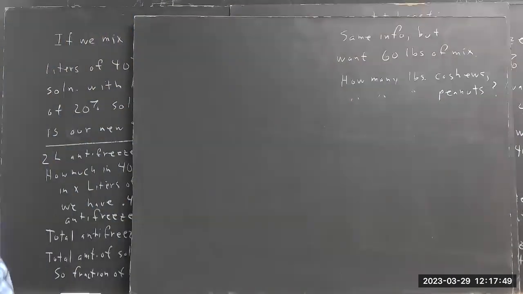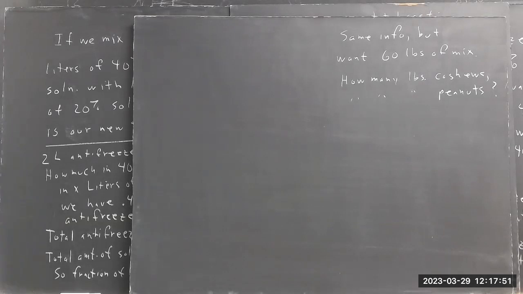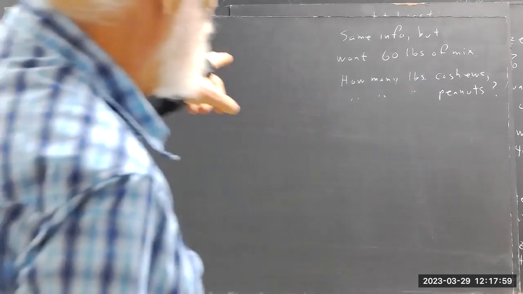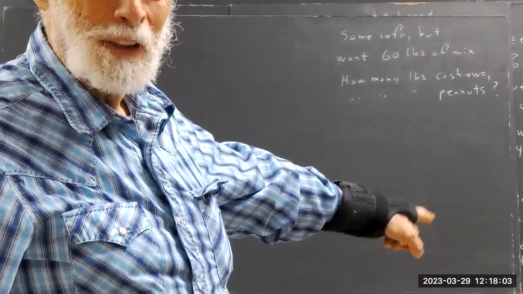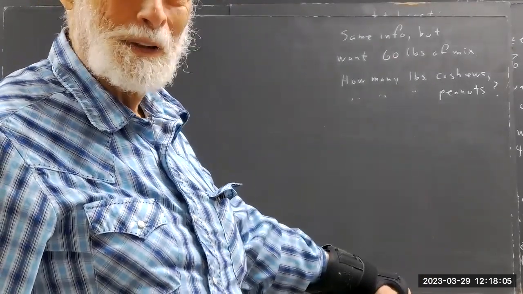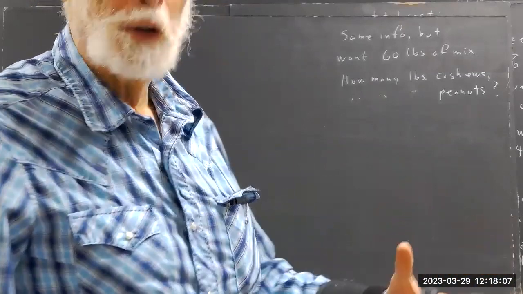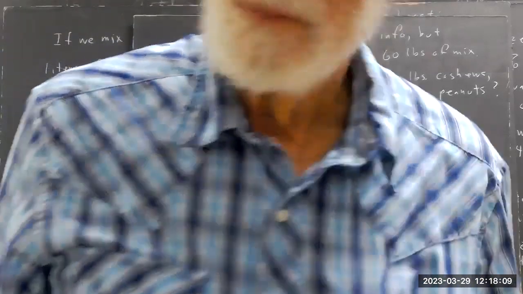Go ahead and see if you can get a good start on this problem. Now, you could, of course, find the correct solution. You want 60 pounds, you know what it takes to do 100 pounds, so just take 60% of the numbers we got a minute ago. But pretend you don't know that, okay?